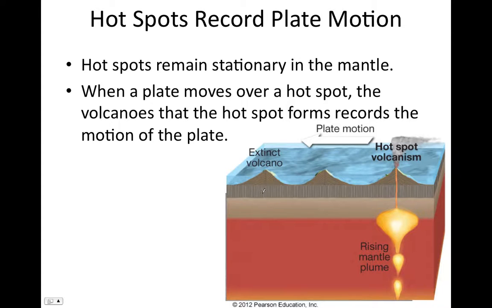So for example, this volcano is now extinct. It was active whenever it was located over the mantle plume. As the lithosphere moved this direction, this volcano moved out from over top of the mantle plume, and the volcano went extinct. Currently, this section of the lithosphere is over the mantle plume, so active volcanism is here. So this is where the hot spot is.